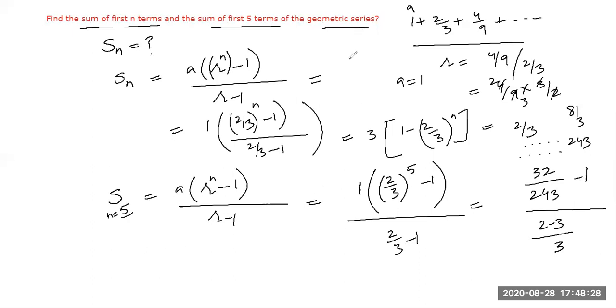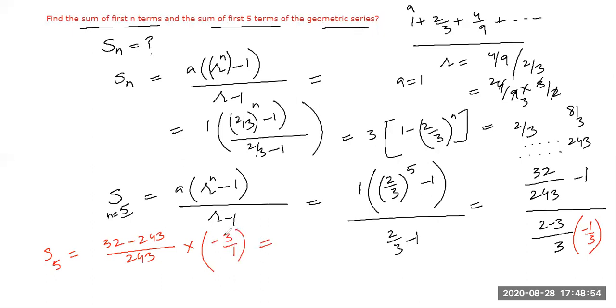So this is equal to, I'll have a heading, S5 would be equal to what? 32 minus 1, divided by minus 1 by 3. See, whenever you want to divide something by minus 1 by 3, it's difficult. Multiply by the reciprocal, minus 3 by 1.